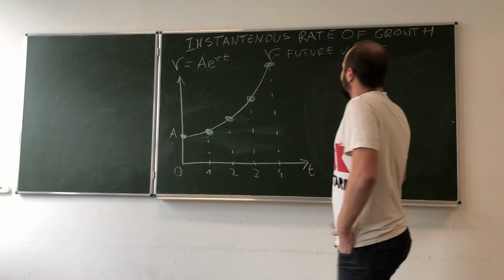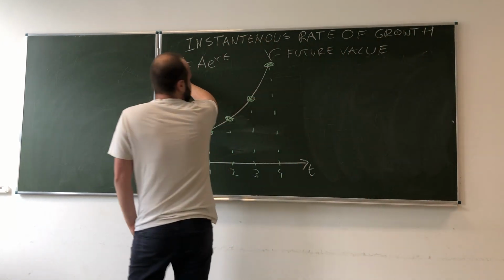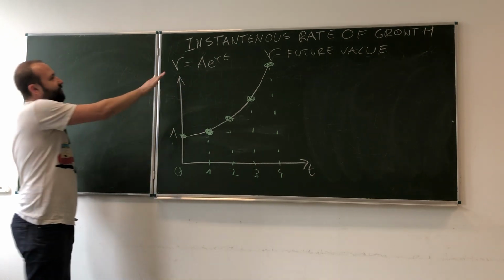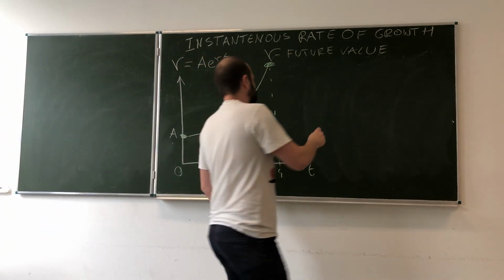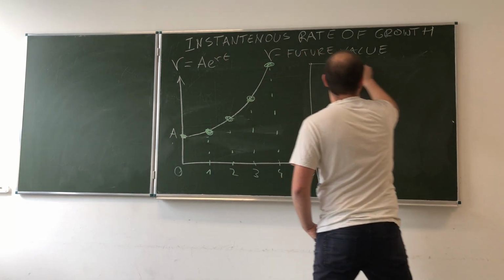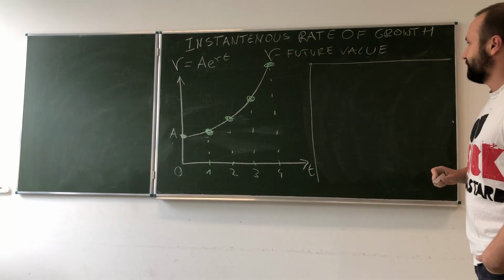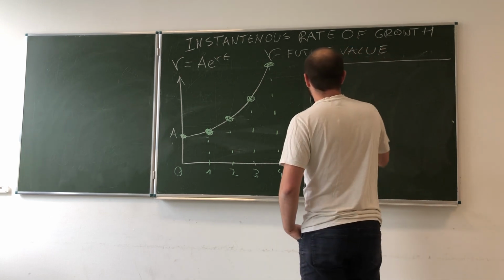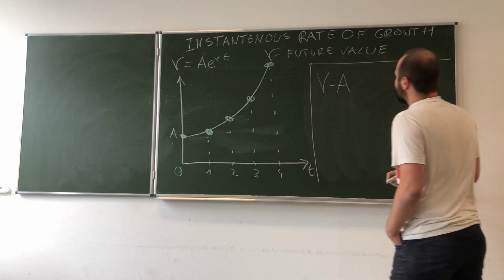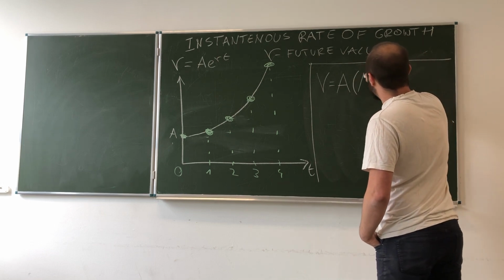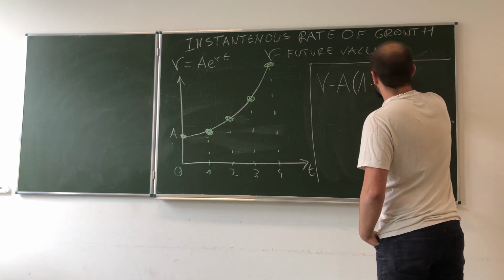Well, if this is the future value defined for continuous time, then if I want to find the future value of some amount of money A, what do I need to do? Well, I need to add 1 plus the interest rate.